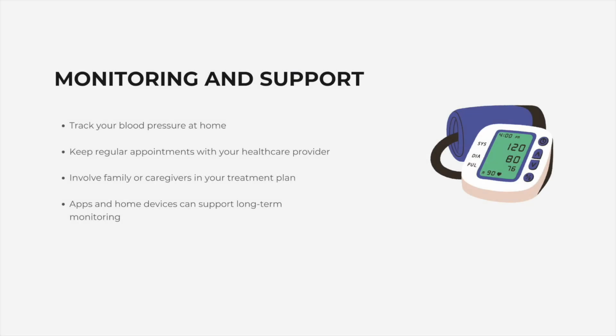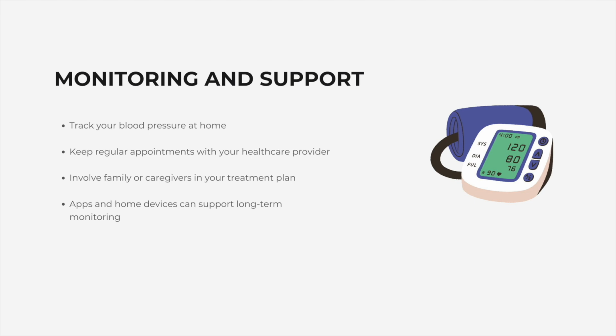This then leads into the next topic of the importance of monitoring and support. So if you do have hypertension or you just want to keep a closer eye on the health of your heart, tracking your blood pressure at home can be huge.